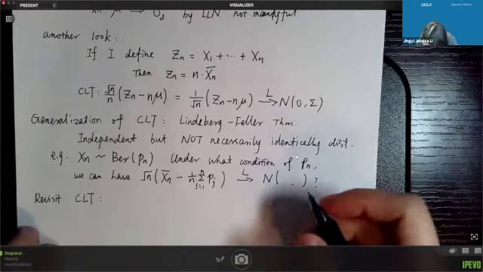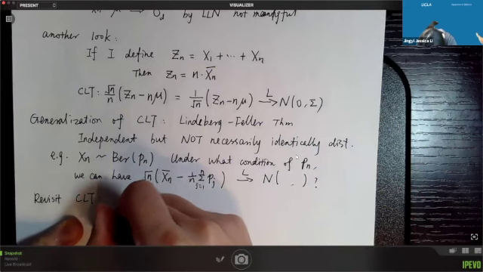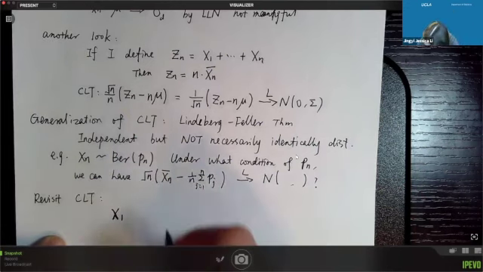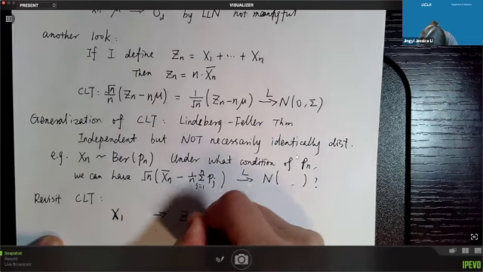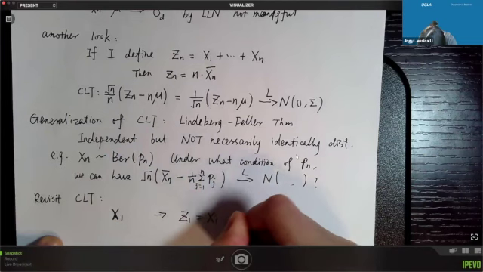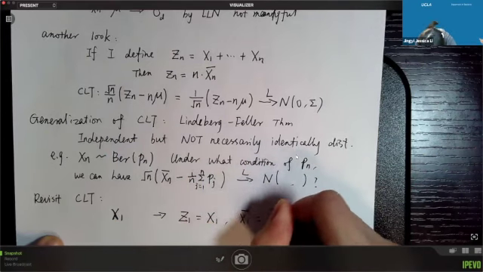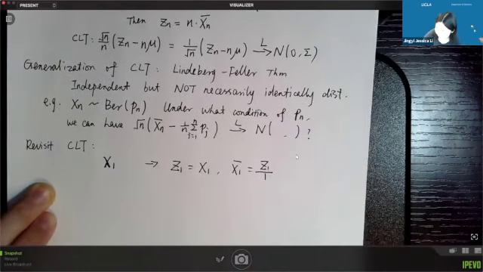When we have just one random variable in the sequence, we can calculate Z1 equals X1, and X1 bar is equal to Z1 divided by 1. That's the case when n equals 1.